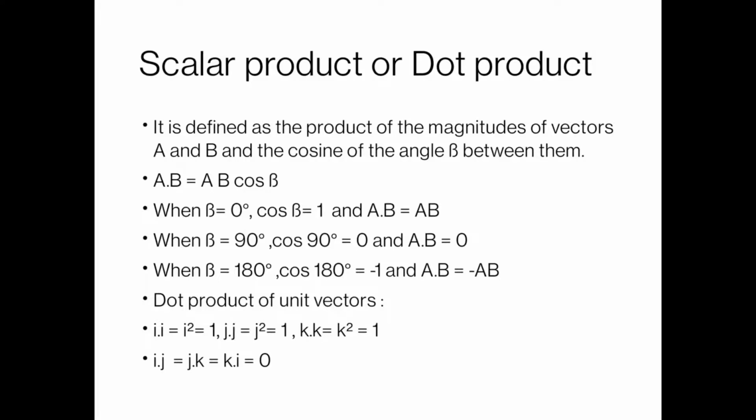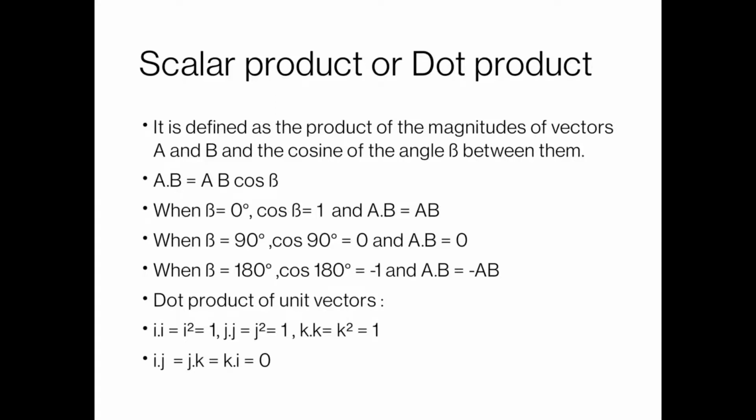And in that case, A dot B is equal to 0. And our third case, when beta is equal to 180 degrees, cos 180 is equal to minus 1, which is the minimum value, the lowest value for cos. And in that case, the dot product of the two vectors A and B, A dot B, is equal to minus AB.